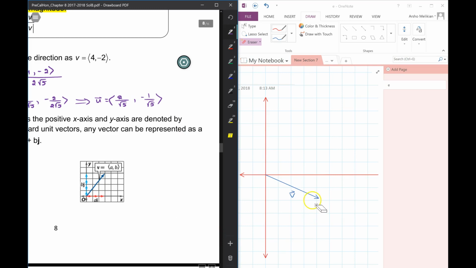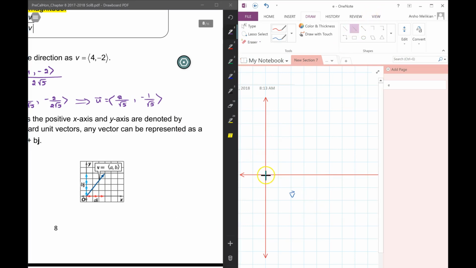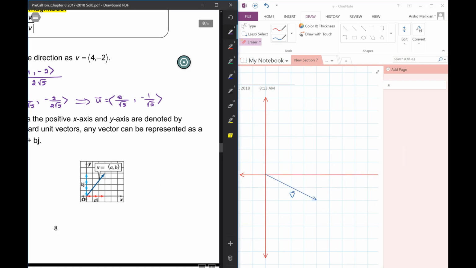It didn't come out right. How much is it? 0.89. What is? Look, it's 4. Sorry, one more time, what did you say? 2 over root 5?